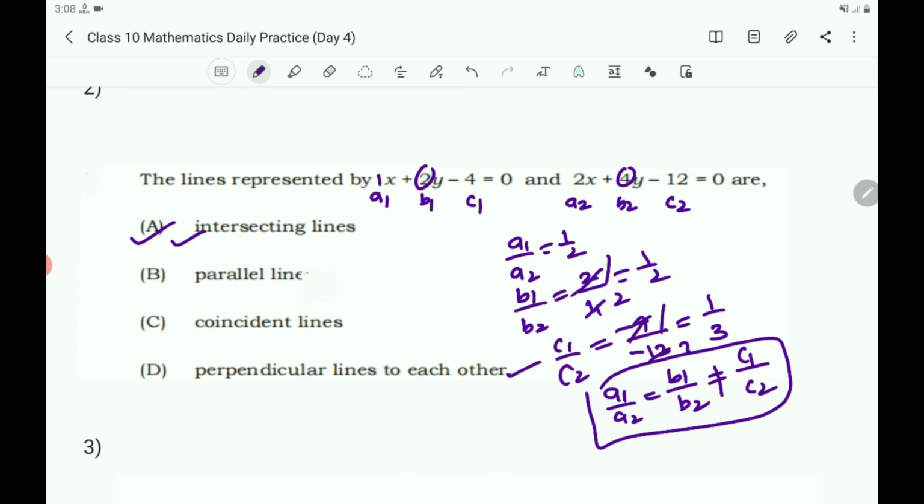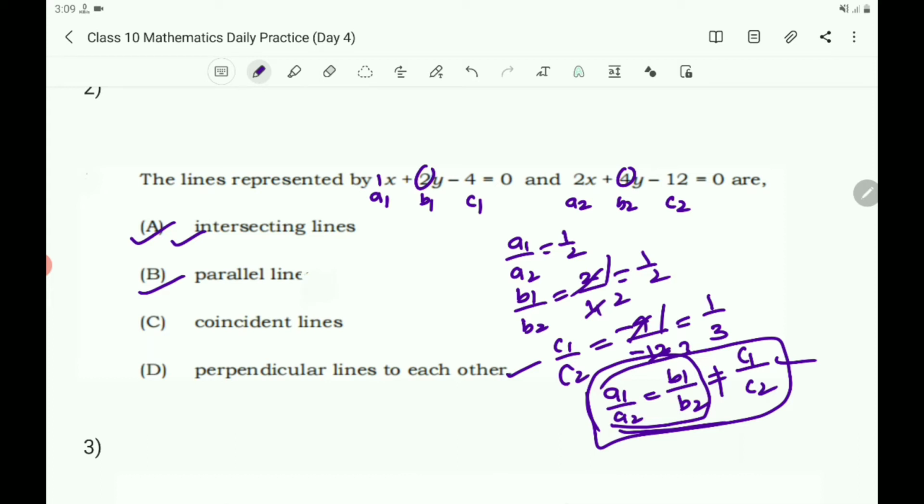A becomes the answer if a1 by a2 is not equal to b1 by b2, but here you got a1 by a2 equals b1 by b2. And parallel lines, yes, you can say that these are parallel lines, because you got the relation that a1 by a2 equals b1 by b2 but not equal to c1 by c2.